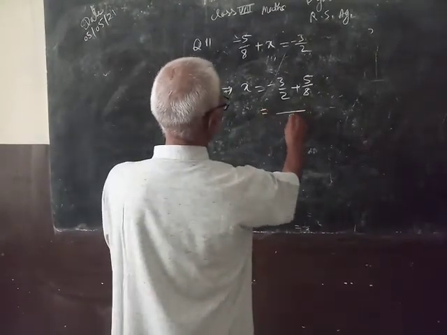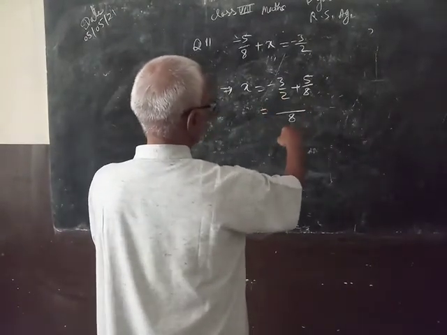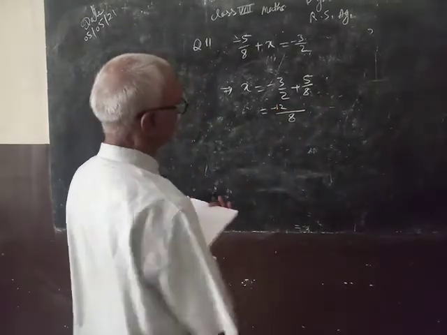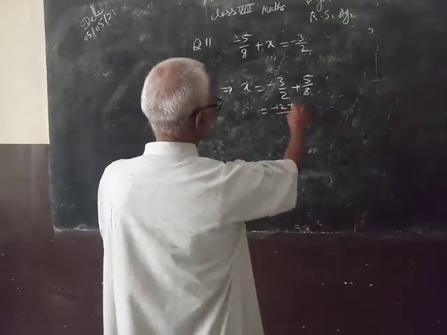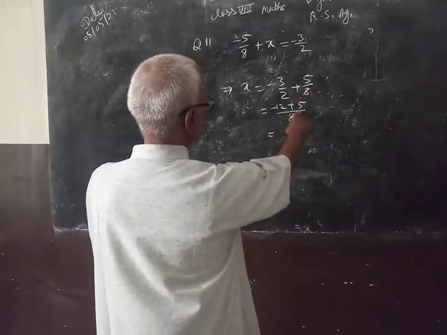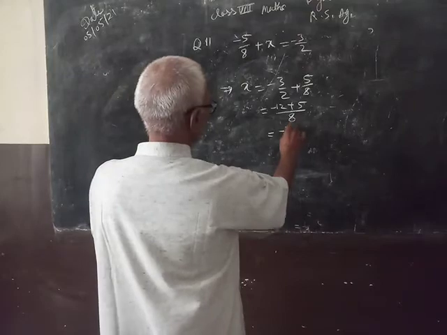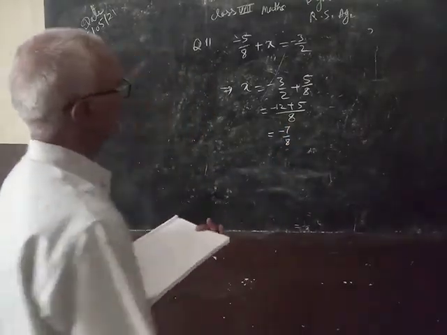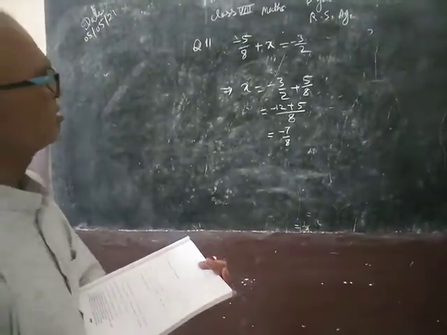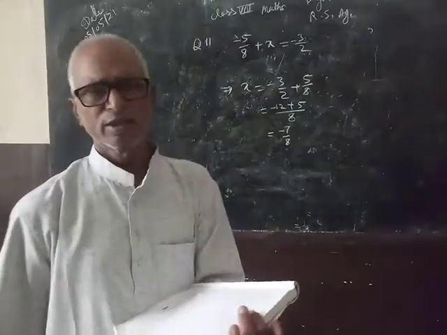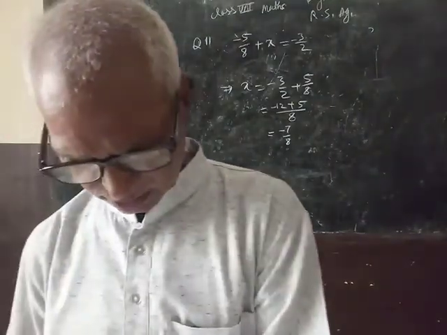LCM here is 8. 2 fours are 8, so 4 threes are minus 12, 8 ones are 8, so 5, 1 five is 5. Minus 12 plus 5 is minus 7 by 8. Means if minus 7 by 8 is added to minus 5 by 8, the result will come minus 3 by 2.